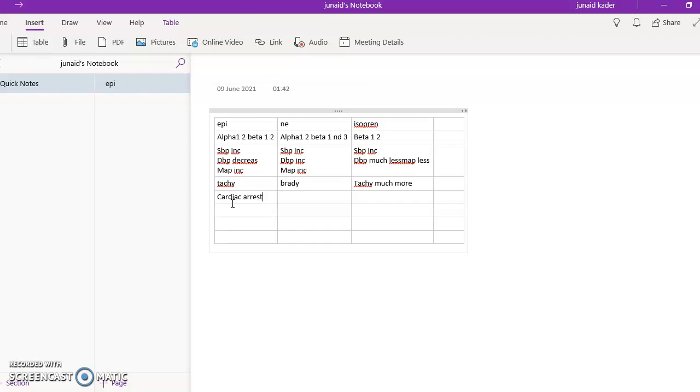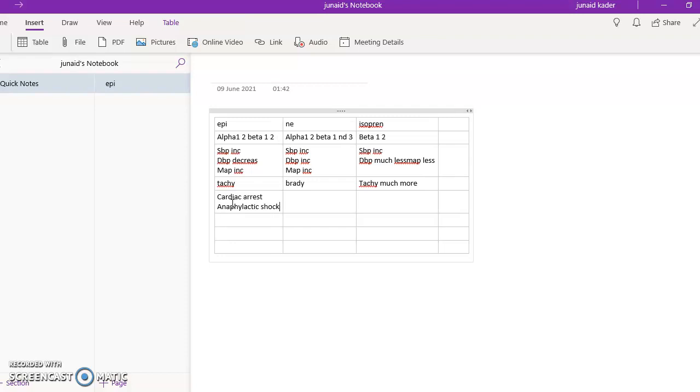Because of its action on beta 1, which is present in the heart, the contractility will increase. So it is the drug of choice for cardiac arrest, and also it is the drug of choice for anaphylactic shock. The reason for this is that anaphylactic shock is due to histamine release.